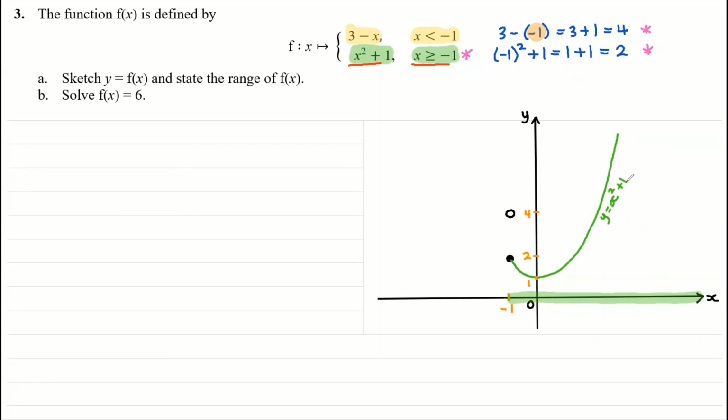Now, for the first branch, so this is the 3 subtract x, this is a straight line. So looking carefully at this, what have we got? Well, we have a minus x, so that suggests a gradient of -1. So I'll just make a note of that. So we know m is -1. And the y-intercept, c, is equal to 3.